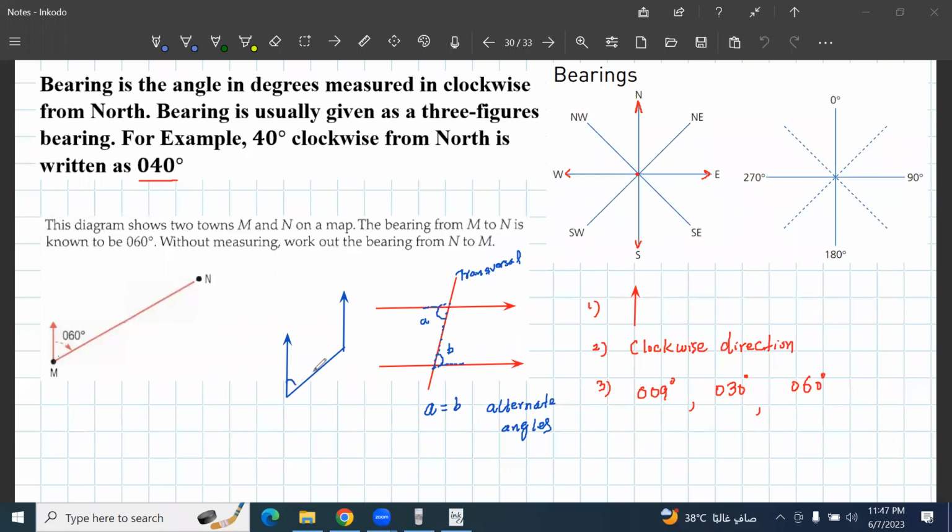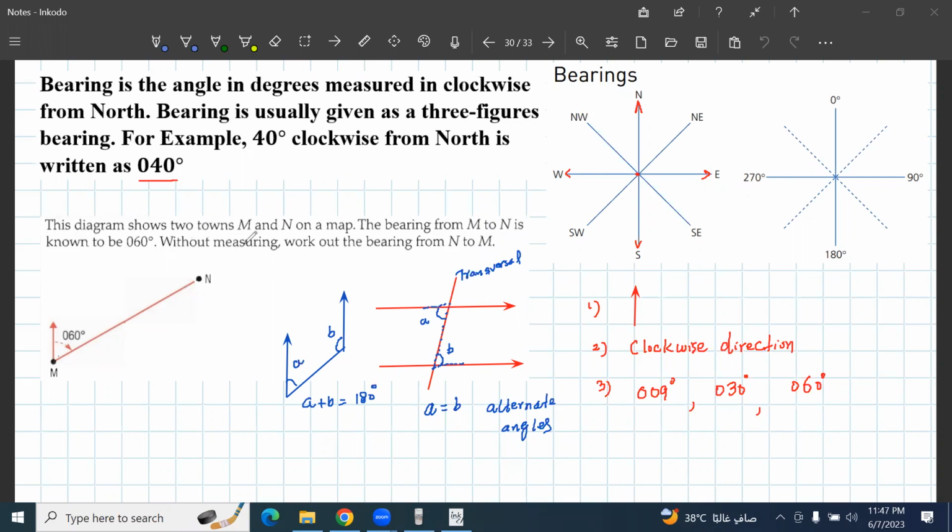Then these are the interior angles, let's suppose A and B. The sum of these two angles must be supplementary, meaning 180 degrees. So how will we solve this question? I hope these ideas will help you to find the answers.